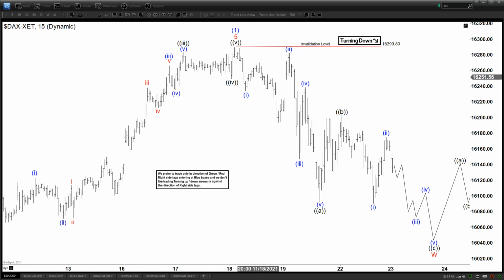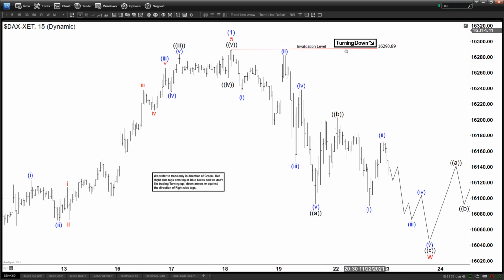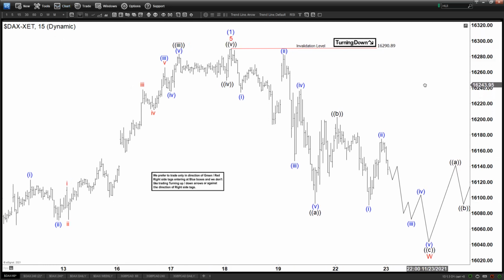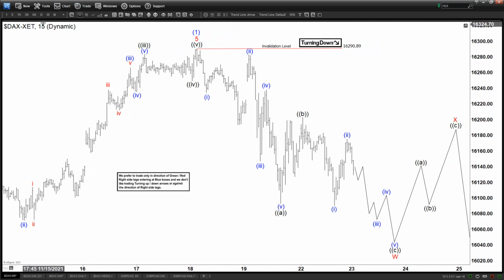If you go to the 60 minutes, sometimes the chart doesn't look pleasing to the eye, so that's why sometimes we play around in our service with the time frame so that it looks the best. Now, when we show a 15 minute chart in our service, the lowest time frame we cover is the 60 minutes.